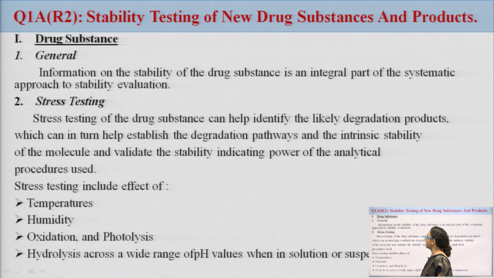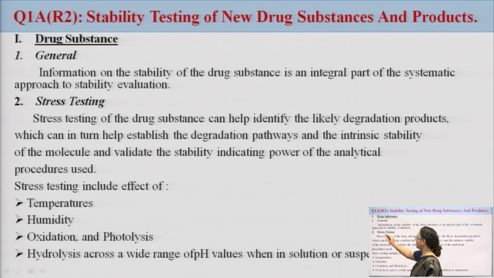Okay, so let's discuss Q1A R2 guideline. This guideline is for stability testing of new drug substances and product. This guideline provides information on stability of drug product and drug substances on various conditions.